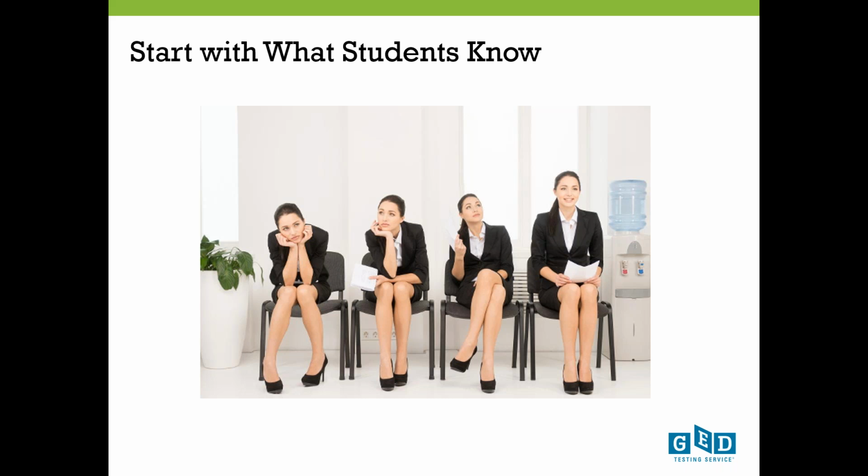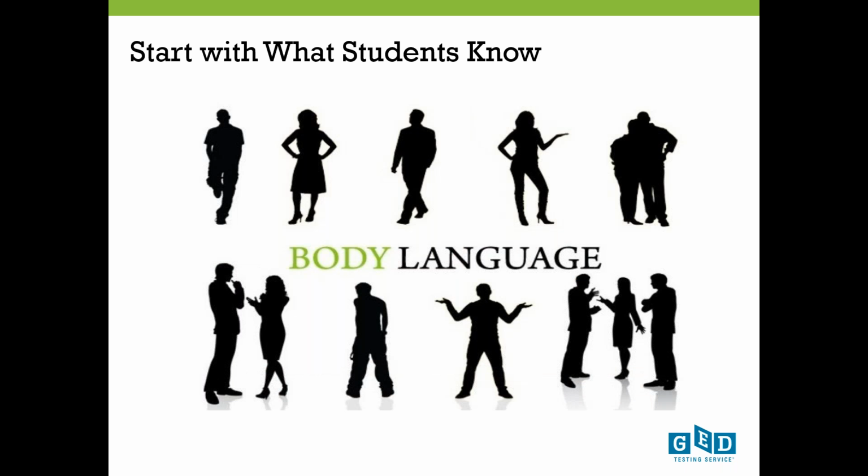There's nothing here where a person is saying, I'm bored, but you can infer it just based on what you're seeing from the body language. Same thing here. You can look within this and see the different silhouettes and make inferences. So that's one way that we can start.